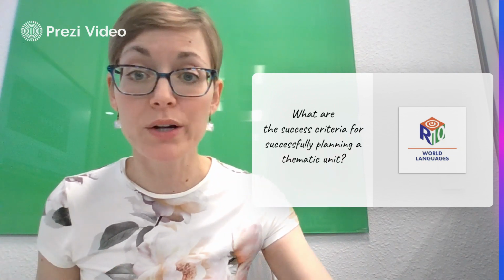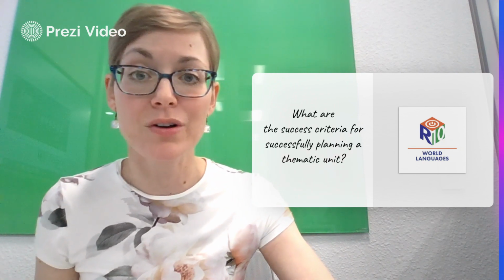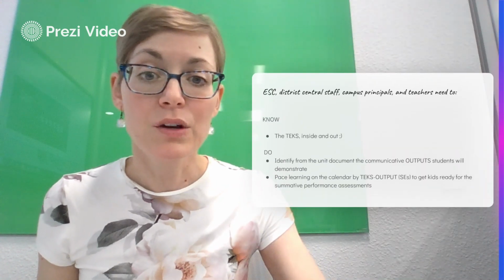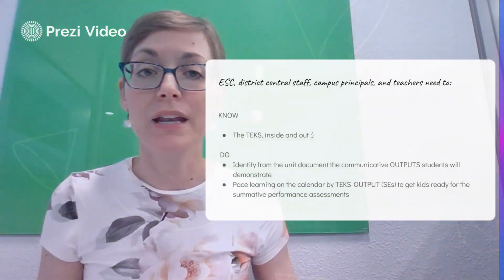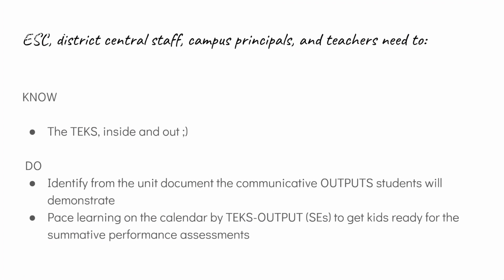Okay, let's just do a quick recap here and name that success criteria. In order to successfully implement a thematic unit, you've got to know the TEKS inside and out. You really got to know them, and you've got to be able to identify from the unit document the communicative outputs the kids will demonstrate.